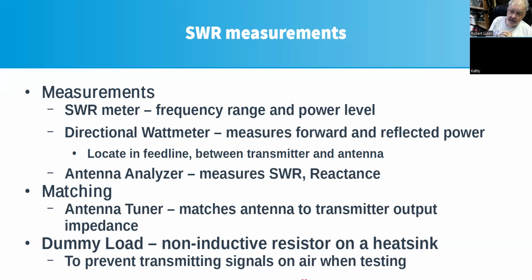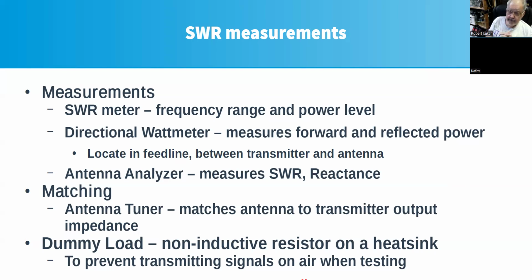You can also use a directional watt meter. Kind of the industry standard is a Bird watt meter. And they measure forward power and reflected power, but not at the same time. You have it in forward mode and take a measurement, and you switch it to reflected mode and take a measurement.